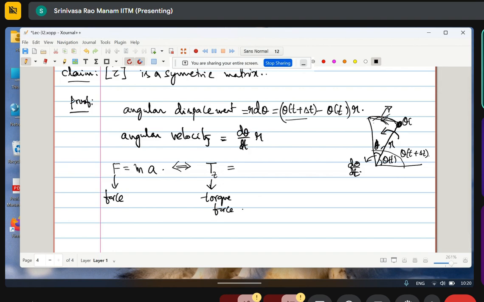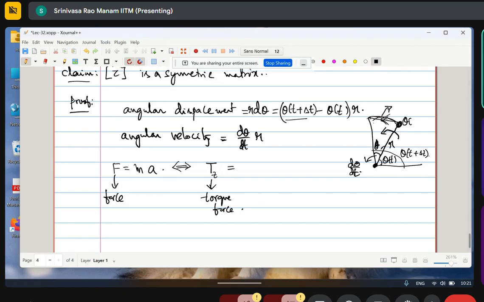Rotational dynamics, basically. So what is the mass actually? The mass comes as a moment of inertia. This mass, how it is spread along the axis. This is your axis, perpendicular to the screen, basically. With that axis, exactly how mass is spreading round.